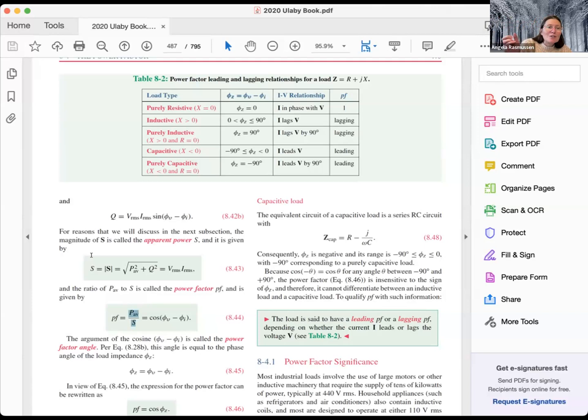When you change that into the complex domain, 0 is with the J portion of it. So it would be 10 plus 0J is what you would write. And then you could still calculate the apparent power, which would just be the magnitude of 10. Then your power factor would be the average of it, 10 over 10, which gives you a power factor of 1.